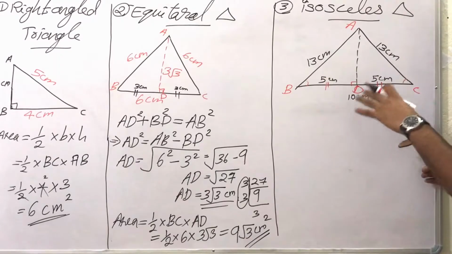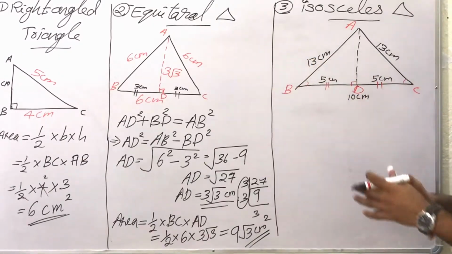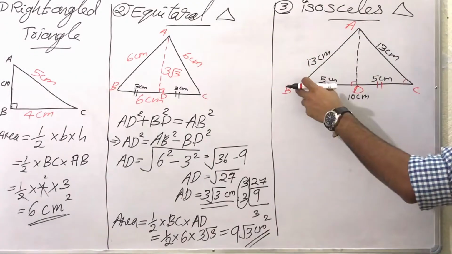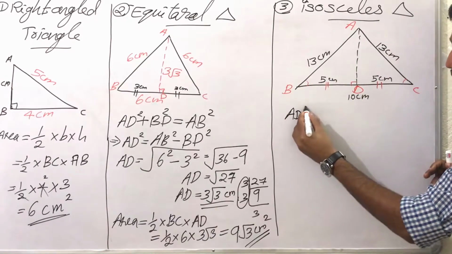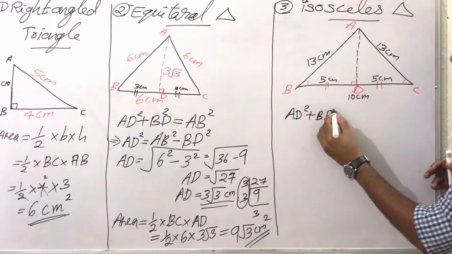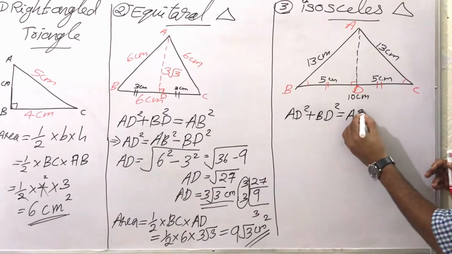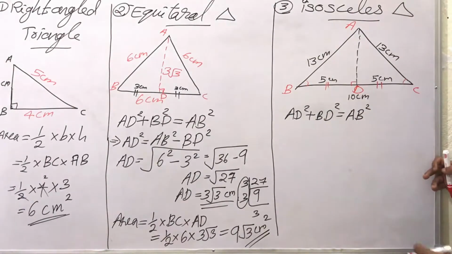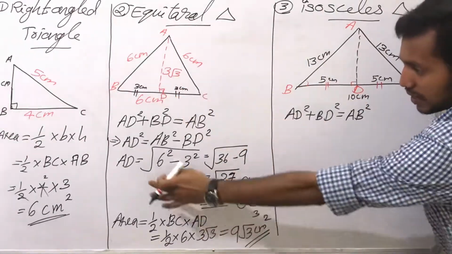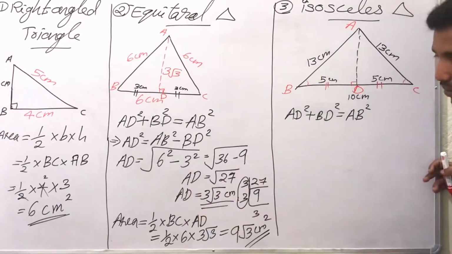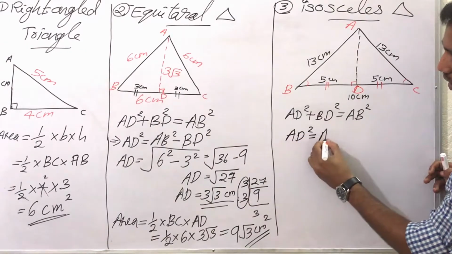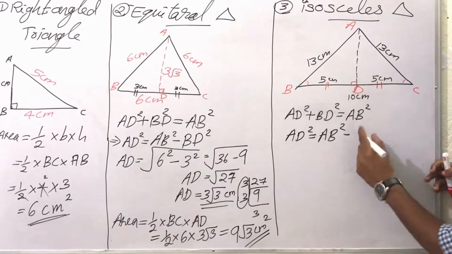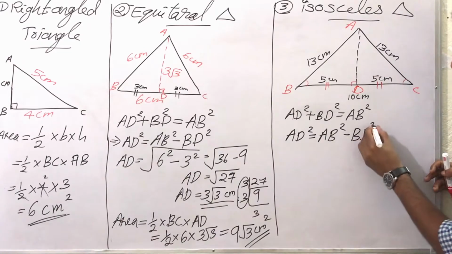Now we proceed with the same procedure that we did in case of equilateral triangle. So apply the Pythagoras theorem in triangle ABD, we will get AD square plus BD square is equal to AB square. Okay. Now this is same as the procedure, so I am directly writing here. AD square is equal to AB square minus BD square.